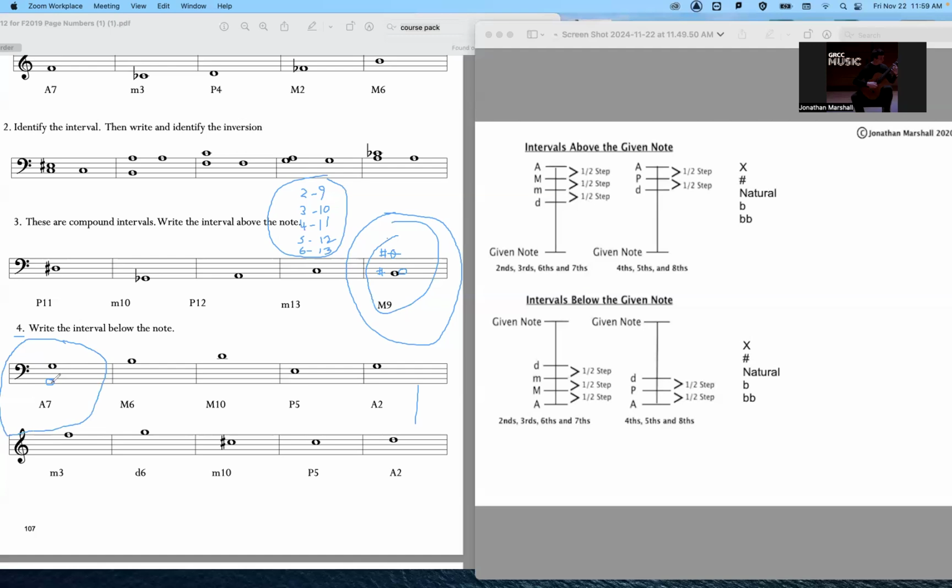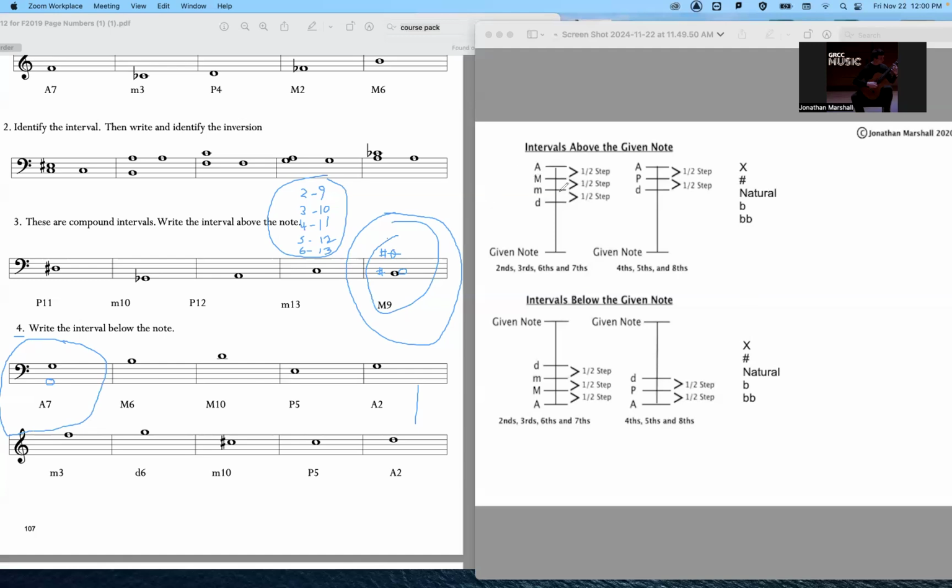So in the key of A, there are three sharps, F, C, and G. So for this to be a major interval, that seventh there up on top would have to be G sharp, but it's not. It's natural. So therefore, this is a minor seventh because in the key of A, G is sharp, and in this case, it's natural.